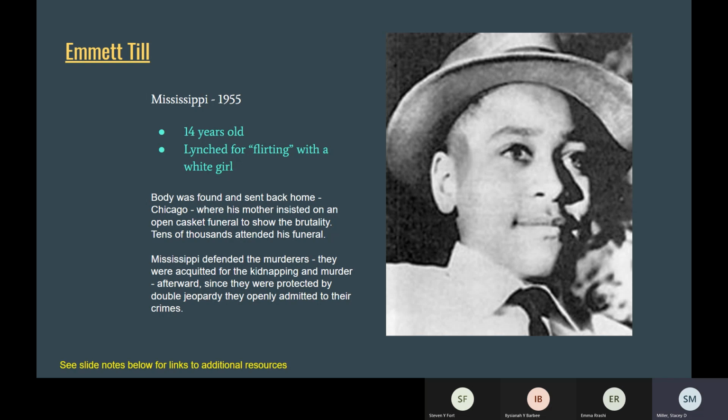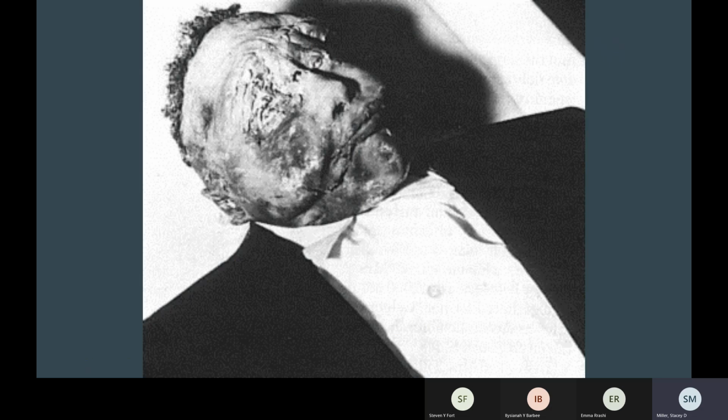And again, it's a difficult thing to look at, and it's even worse when you remember that Emmett Till was a 14-year-old child who was not guilty of anything, and even if he was, there is no excuse. So this is one of those things that for the first time in many years, some people are seeing without the veil over their eyes the true brutality of racism in the United States.